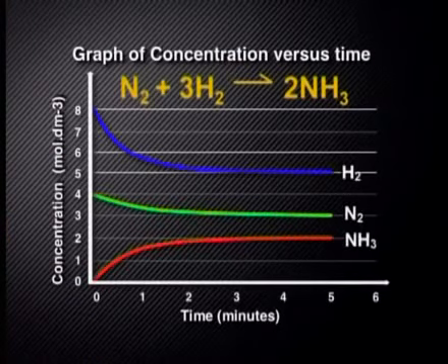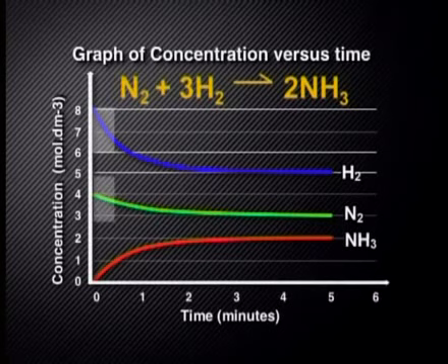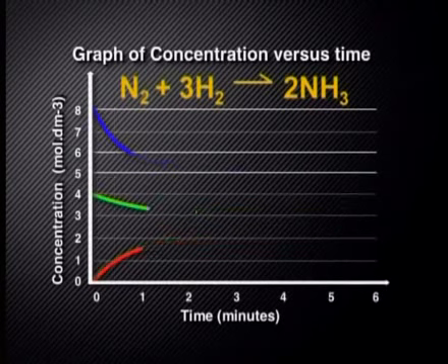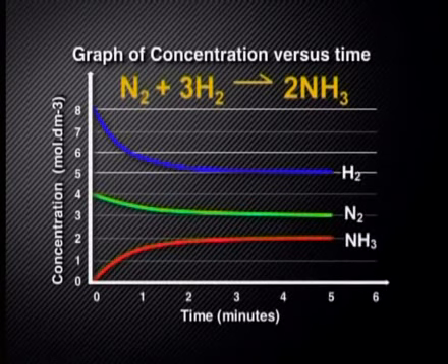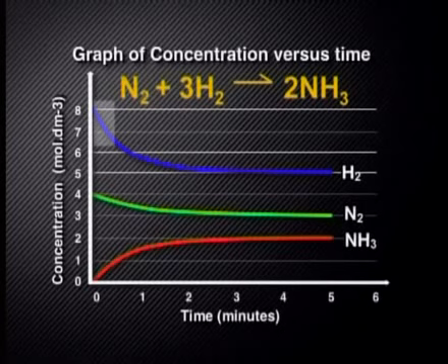At the start of the reaction, we have a high concentration of hydrogen molecules and a lower concentration of nitrogen molecules, indicated by the green line. There are no ammonia molecules at the start. When the forward reaction begins, the hydrogen molecules are used up quickly and the concentration decreases sharply.